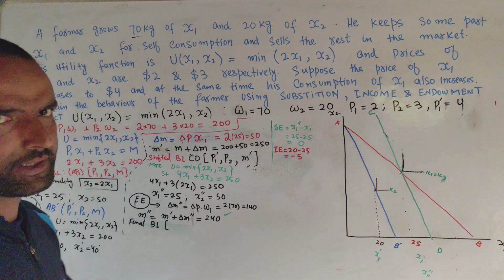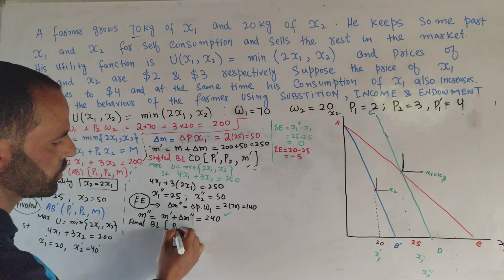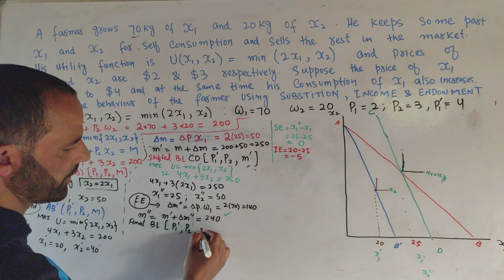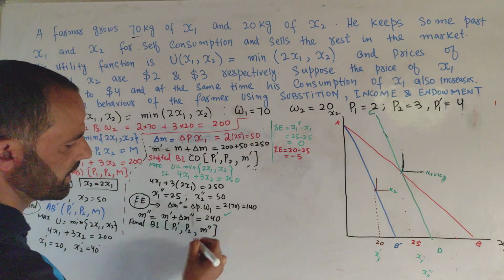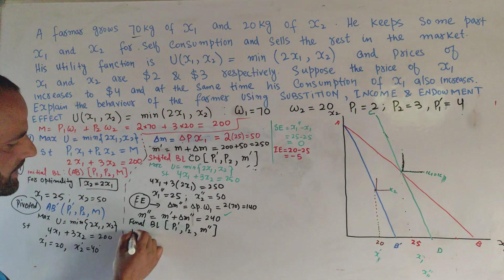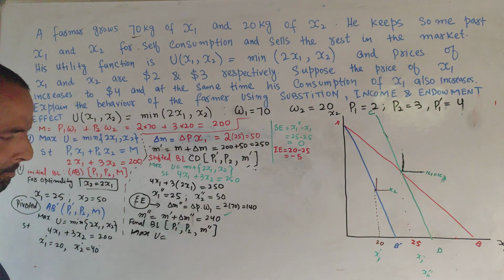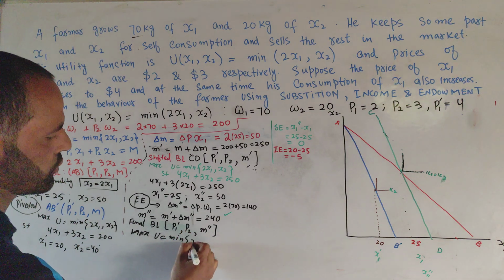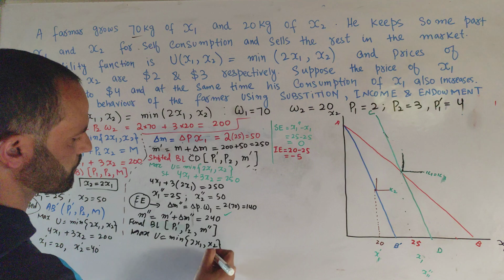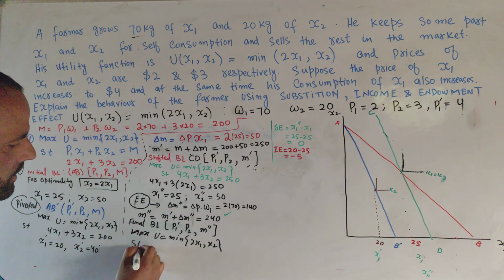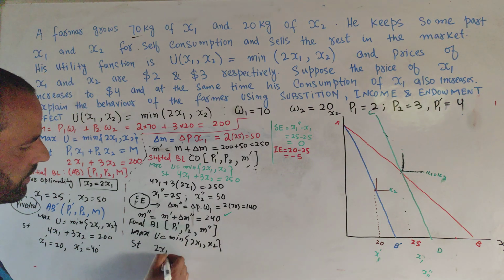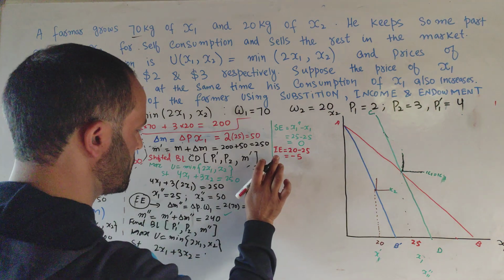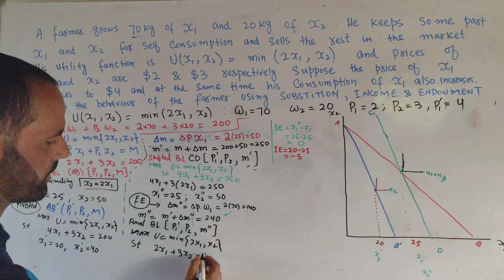What will be the final budget line? That will be equal to price of good 1, that has changed. Price of good 2 has remained same, but endowment income, M double prime, has changed. Okay, so consumer will try to maximize U is equal to minimum of 2x1 comma x2 such that 2x1 plus 3x2 will be equal to 240. Sorry, it is here 140, yet it's 240.